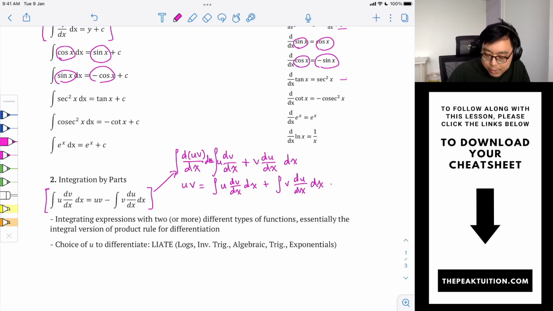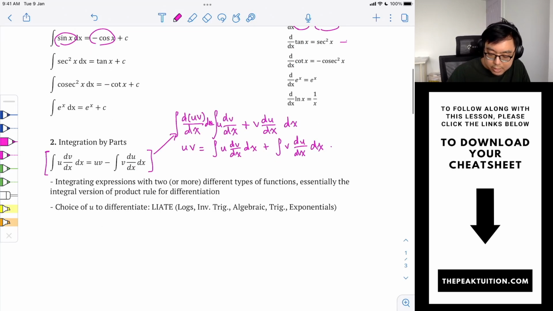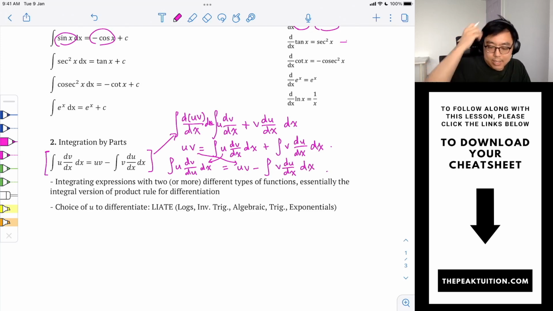You can distribute the integral, you can distribute the two terms into two separate integrals, but you cannot simplify it further. Then we can rearrange it. We can rearrange, the integral of u dv/dx dx equals uv, minus, because we are shifting the term from one side to another, the integral of v du/dx dx, like this. Okay, essentially integration by parts is the integral form of the product rule.